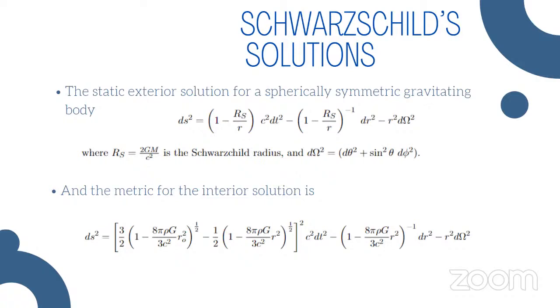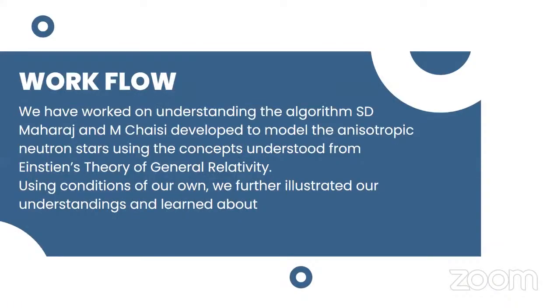If we set R as the radius of the body, then it goes into a continuous transformation from the inside to the outside. Okay, so for the next part, I will hand it over to Aditya.